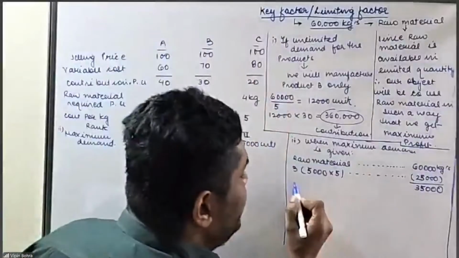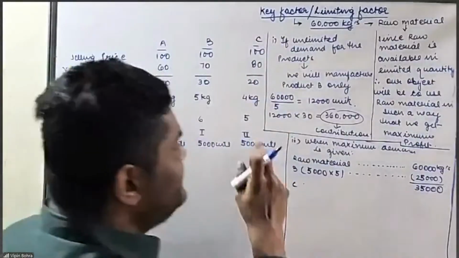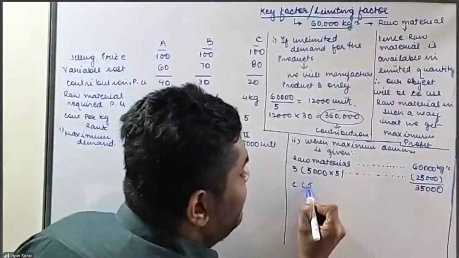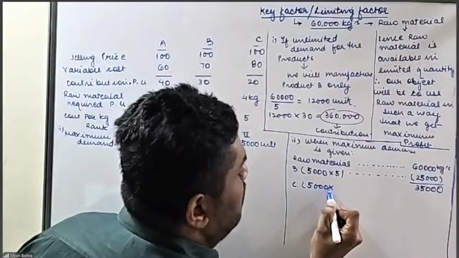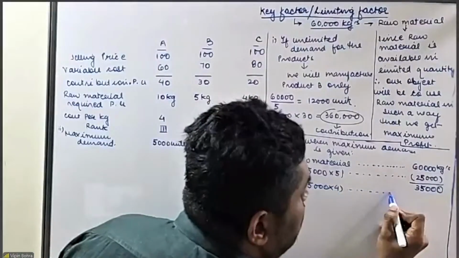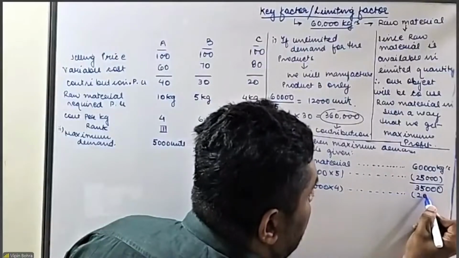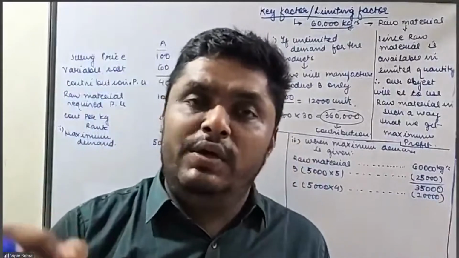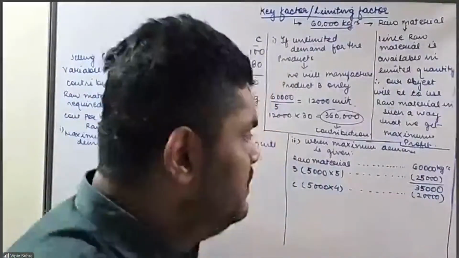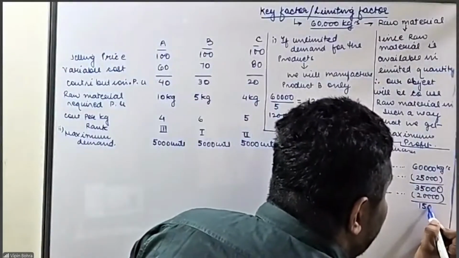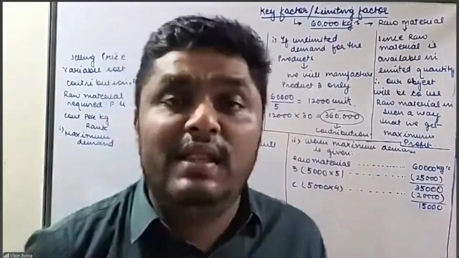So 20,000 kgs are utilized to manufacture product C. We are still left with 15,000 kgs.